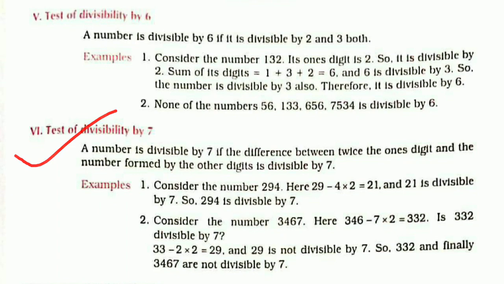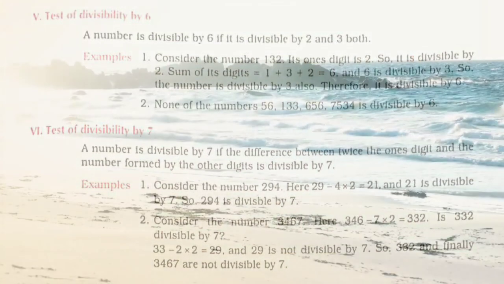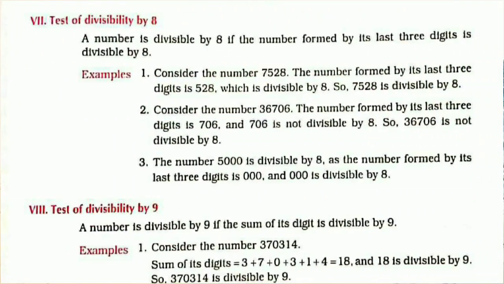Now we are moving to the next divisibility rule, that is the test of divisibility by 8. The number is divisible by 8 if the number formed by its last 3 digits is divisible by 8. We will only check whether the last 3 digits are divisible by 8 or not. So take example 1.